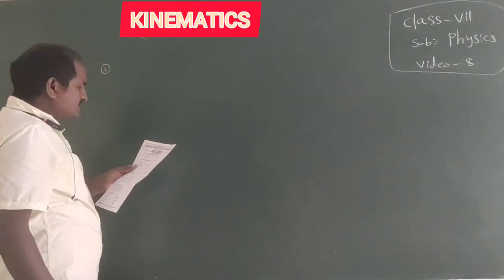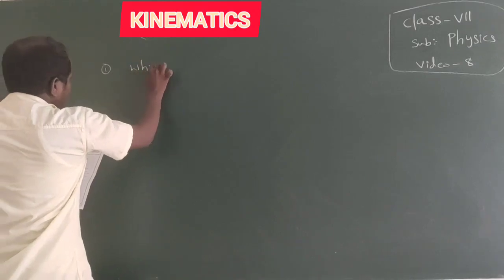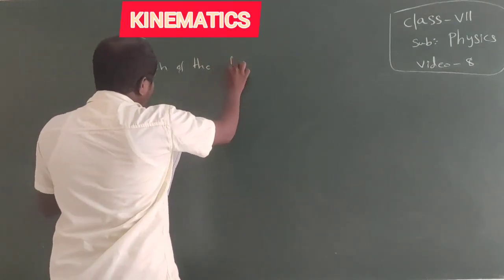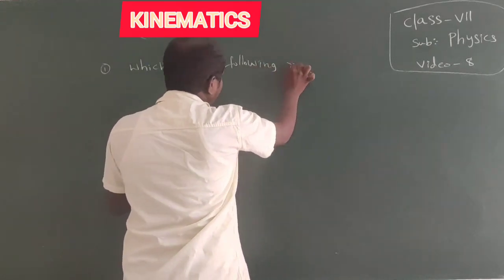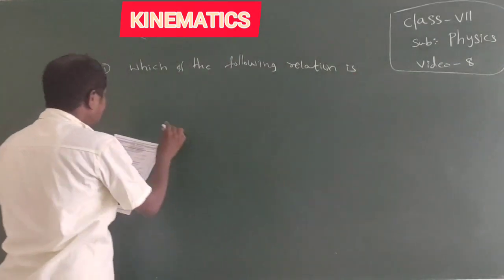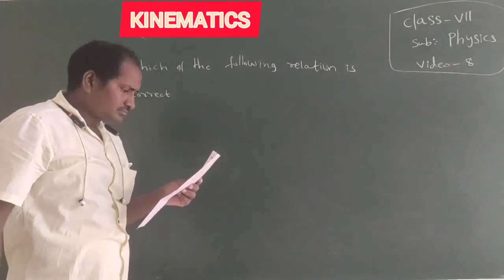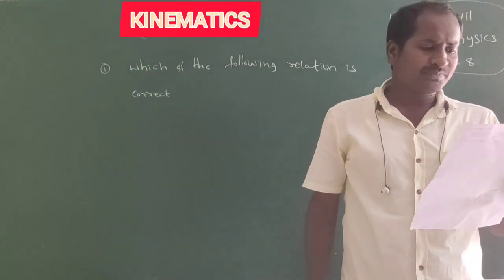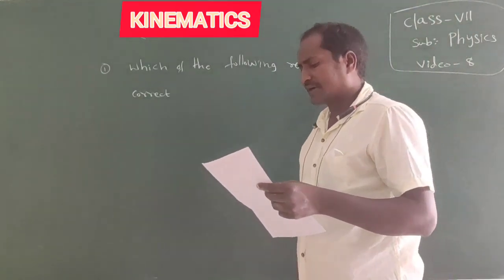First one is, which of the following relations is correct? Velocity equal distance by time, velocity equal displacement by time, velocity equal displacement to time, or velocity equal time by displacement.